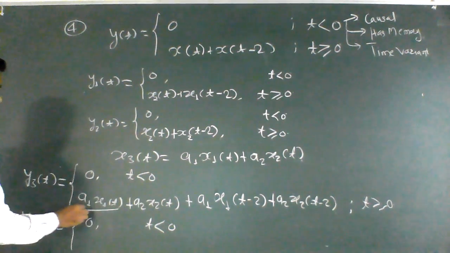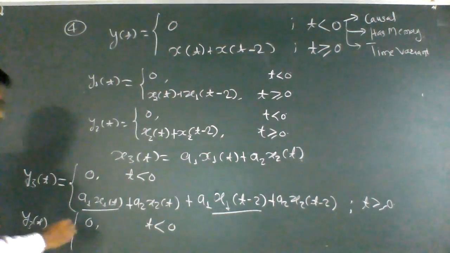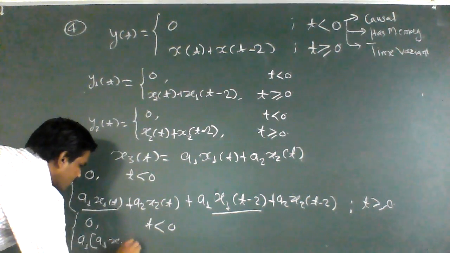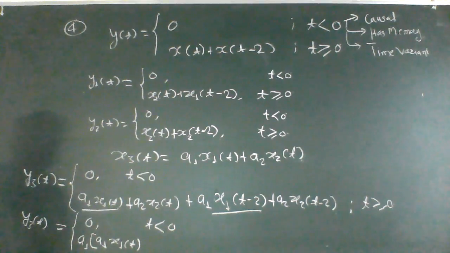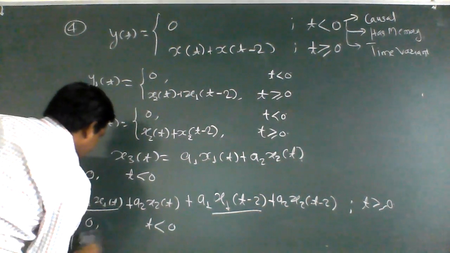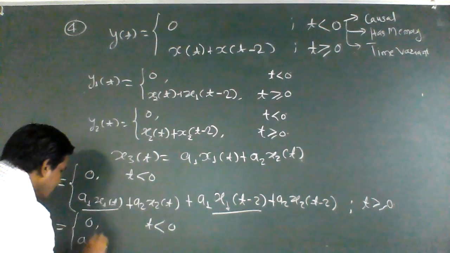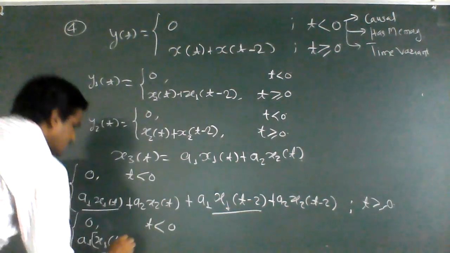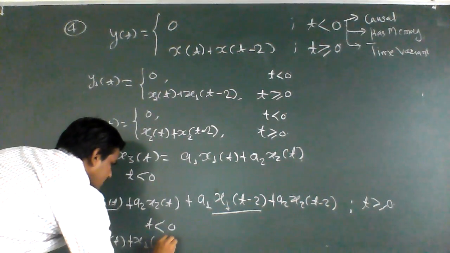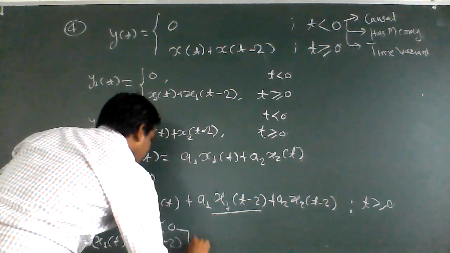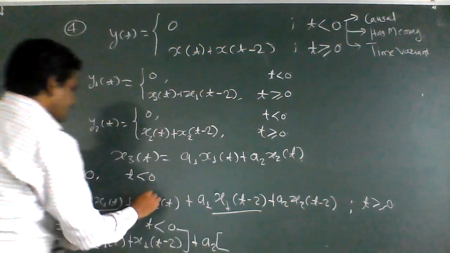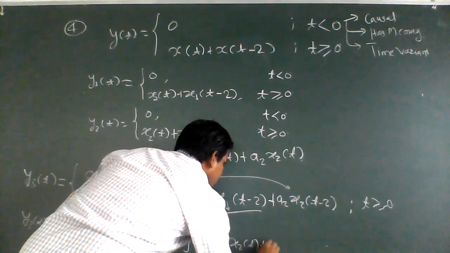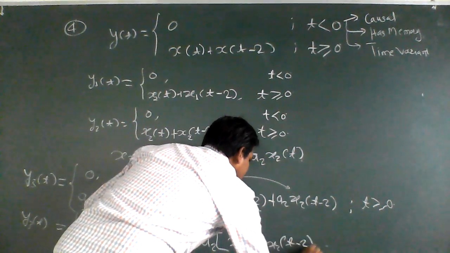Now from these terms we will take a1 common, so this becomes a1 times x1 of t plus x1 of t minus 2, plus a2 common from these two terms, x2 of t plus x2 of t minus 2.